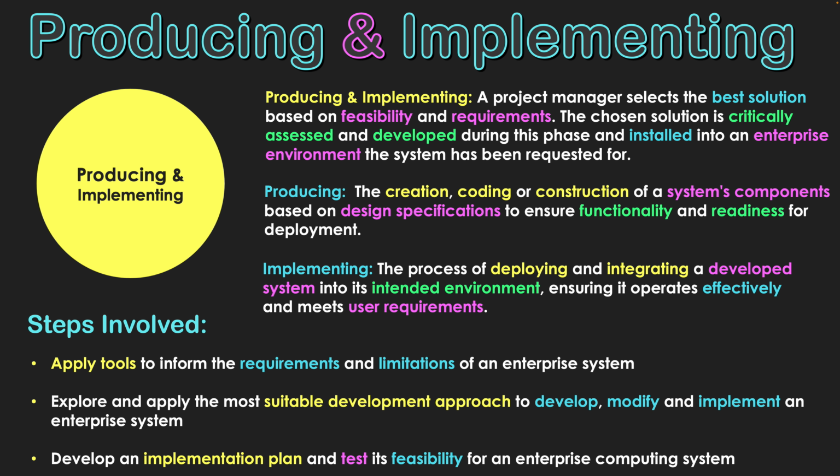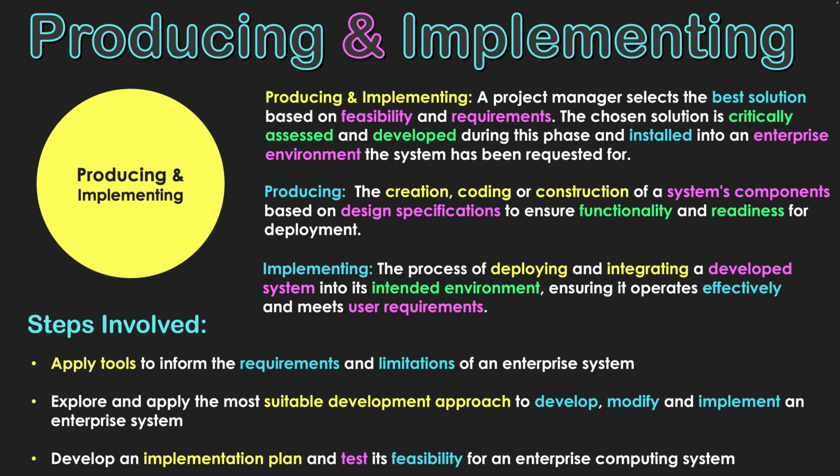So I hope this video is helping you understand this third stage of development, that of producing and implementing. Okay, that we're actually building the system at this stage and installing it into an enterprise environment. And that once again, we need to gather data and use tools to ensure that the selected solution we're going ahead with meets the needs of our users and the enterprise we're developing for, that we select an appropriate development approach that correlates with our time frame and finances of the enterprise and how we're going to actually get it into their workplace and what structured approach or other means we're going to use in order to get it in there.